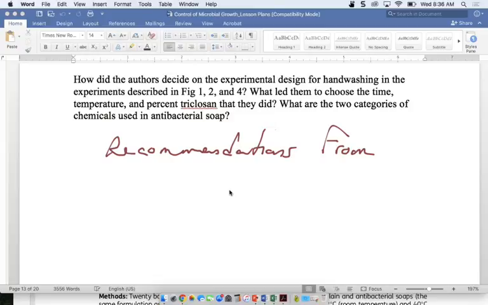Yeah. Where did the recommendations or those guidelines come from? I think they state a couple of sources, don't they? And anybody can answer this one if they know it.